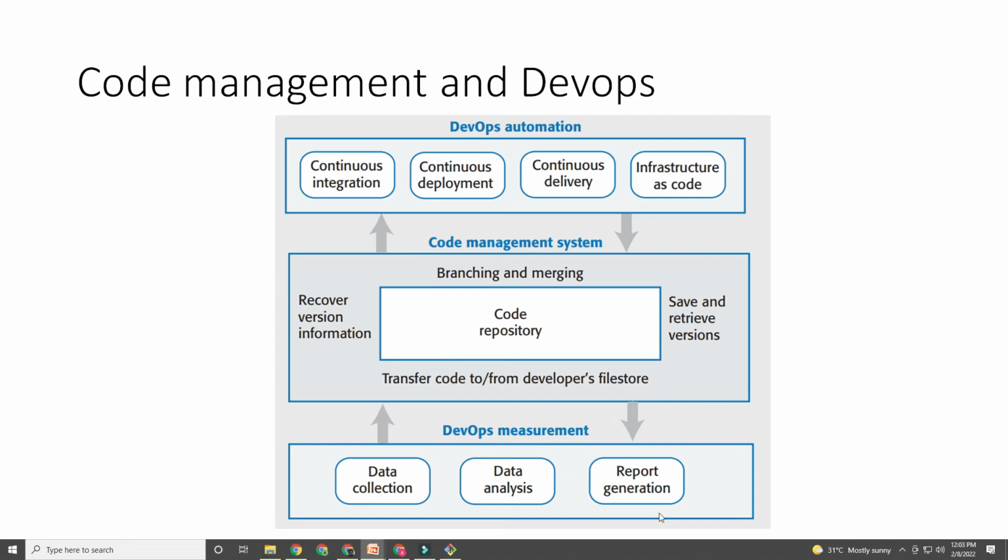You can generate reports when version 1 is published, when version 2 is published, and what changes have been made. You can also do data analysis and data collection with the help of DevOps measurement. You can easily measure your code management. These are the three things: DevOps automation, the code management system, and DevOps measurement.